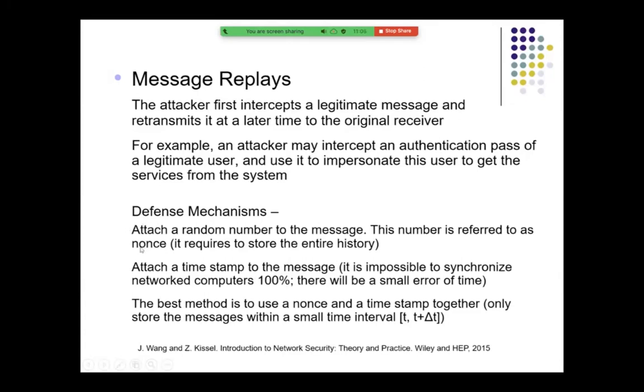So to overcome this problem, an easy way is to not use a random number. Instead, you use a timestamp on that message. For instance, that message was sent at 10 o'clock. Then if Bob receives it either before 10 or quite a bit later than 10, then Bob would know this message is a replay.